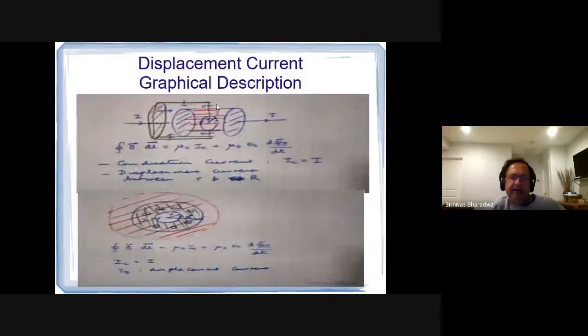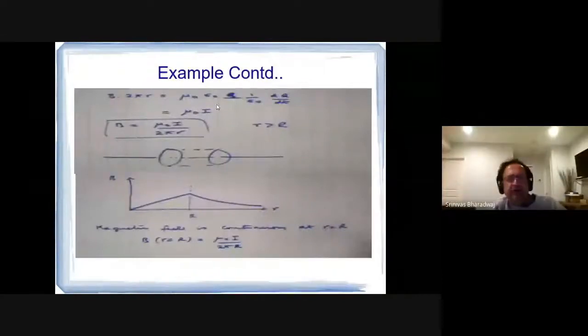I didn't go into the details of this displacement current. Displacement current happens in the context of capacitors. There is polarization, and polarization also produces current. Although there is no flow or conduction of charge, there is repeated polarization this way and that way, and this also produces what is called a displacement current.